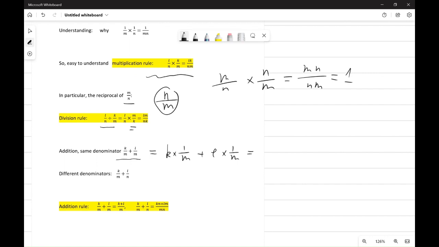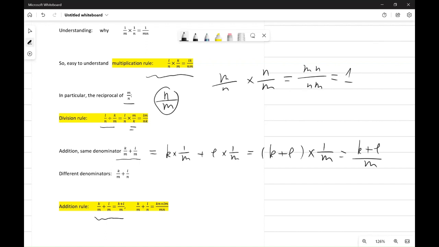So in total we have k plus l multiplied by 1 over m, that is, k plus l copies of 1 over m. Therefore, by the definition of fraction, that is k plus l over m. We summarize this as a rule. Generally, people say that as long as you have the same denominator, you add the numerators together. Here, we give the reason.